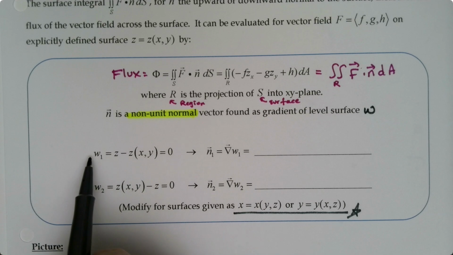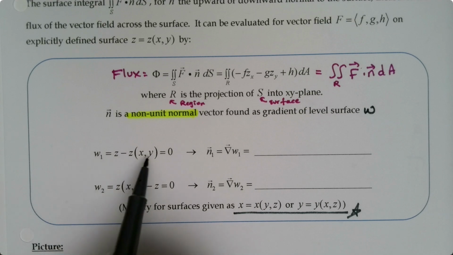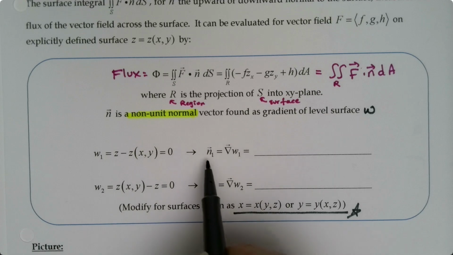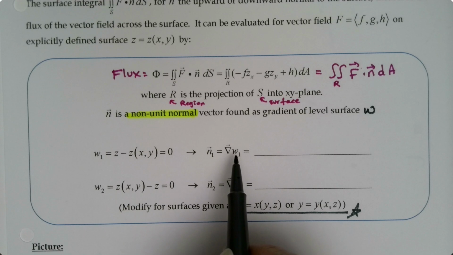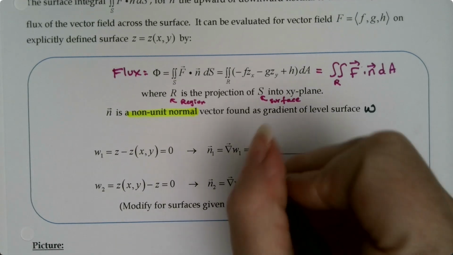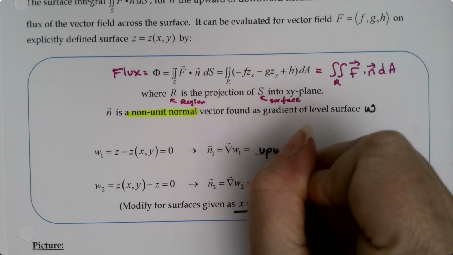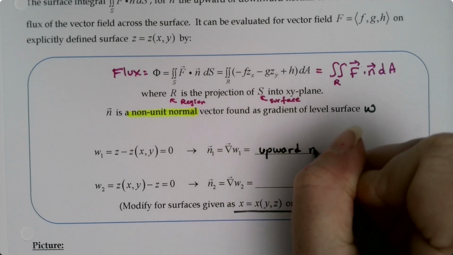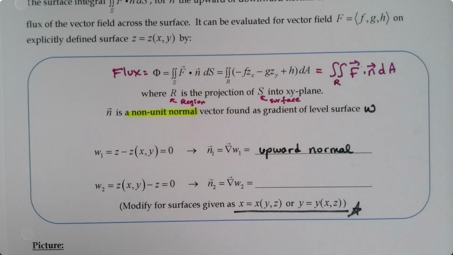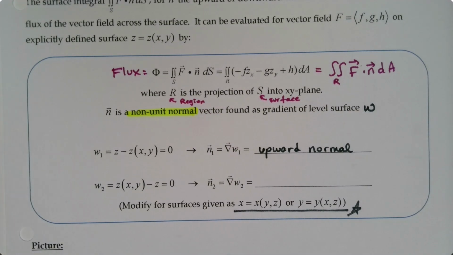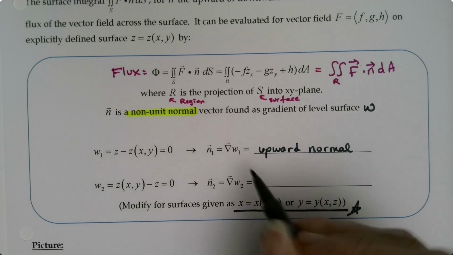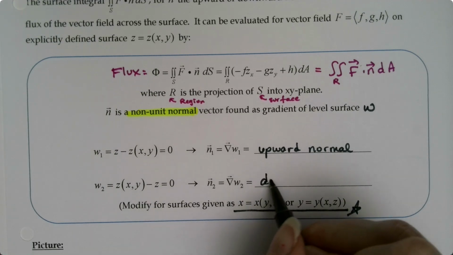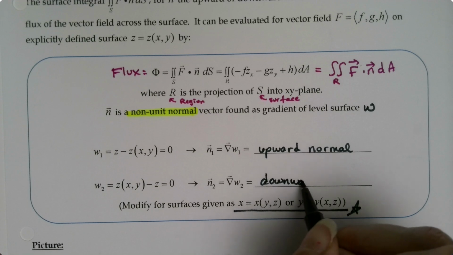You can define W as z minus z of xy, in which case your normal vector would be the gradient of that W, which would be your upward normal. That's because we put the z in the front there. Now, if you put the z in the back, then when you find the normal vector, it would be the downward normal.